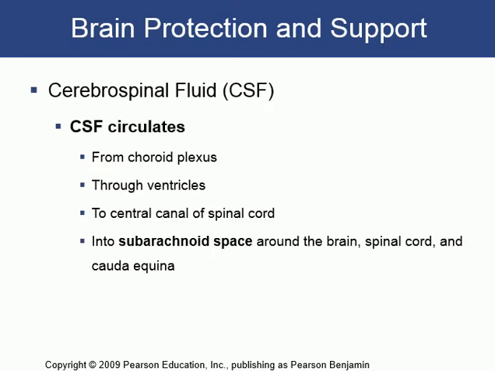And the choroid plexus, if you're following this, will be within these ventricles. Like this. So it secretes within the ventricles, goes to the next, secretes more, goes to the next, secretes more, and so on. From the choroid plexus to the ventricles to the central canal of the spinal cord.